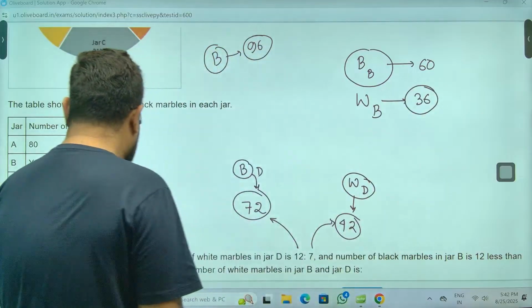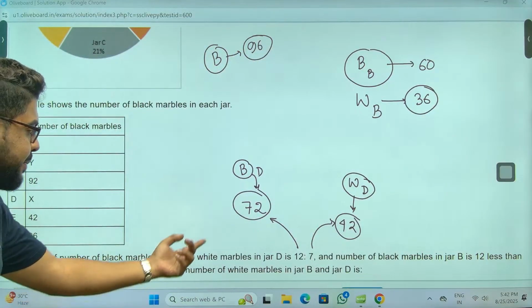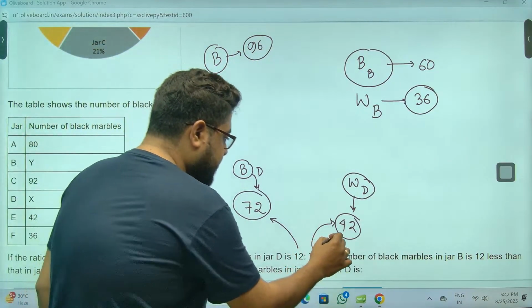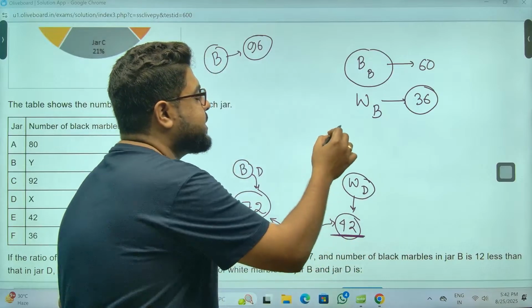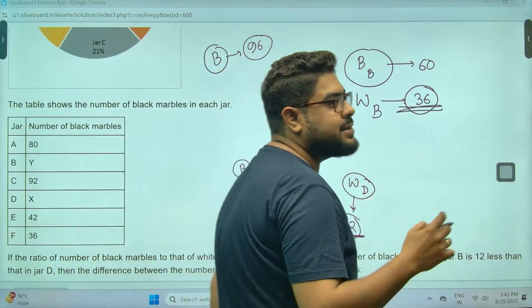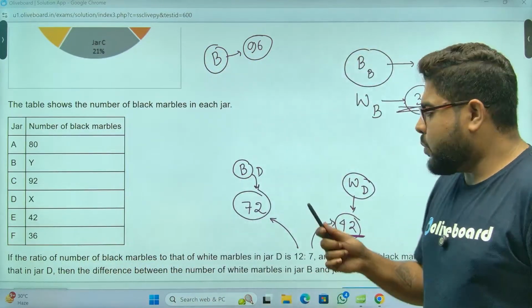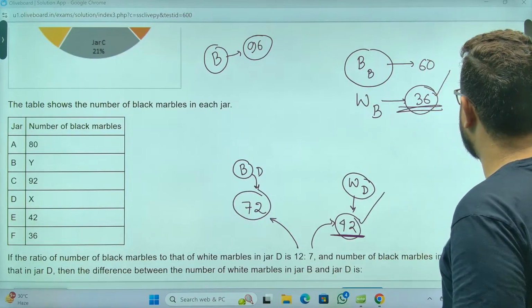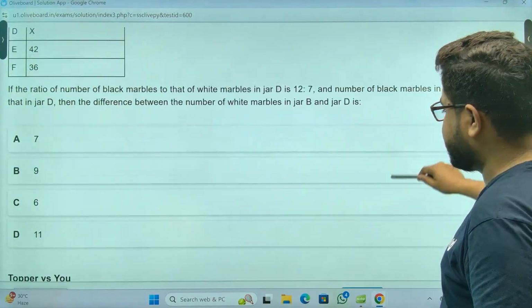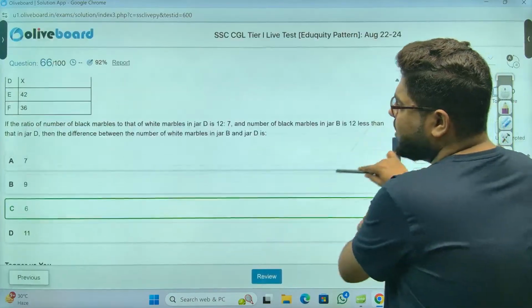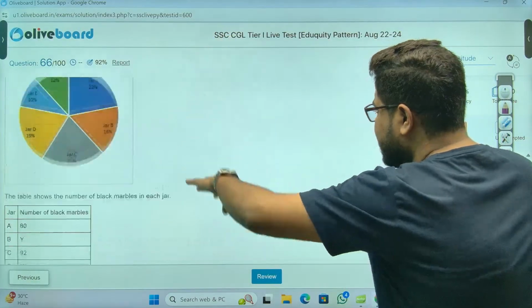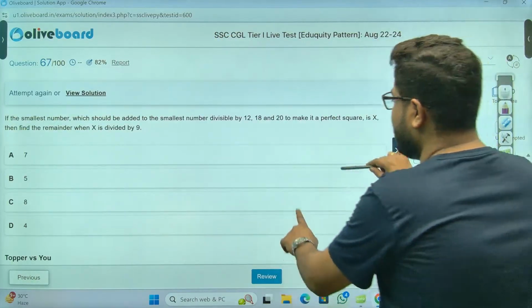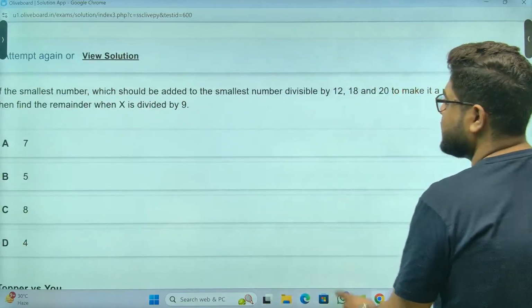They are asking the difference between the number of white marbles in B and D. The difference of 42 and 36, so the answer will be 6. One has 36, the other has 42. So the answer has to be 6, option number C, sir. Not difficult, it just looks a little big. That's all.